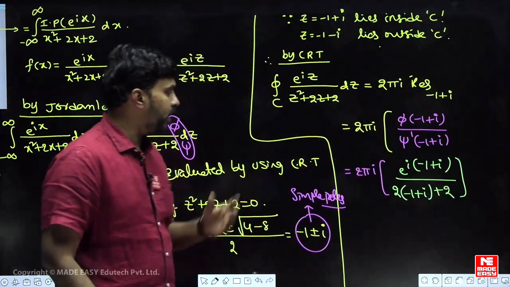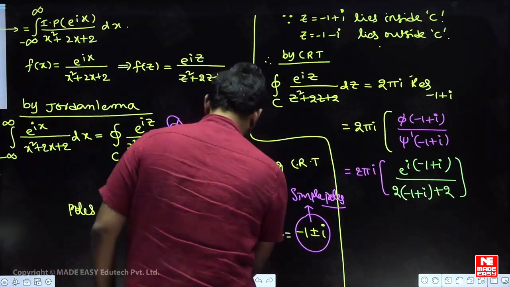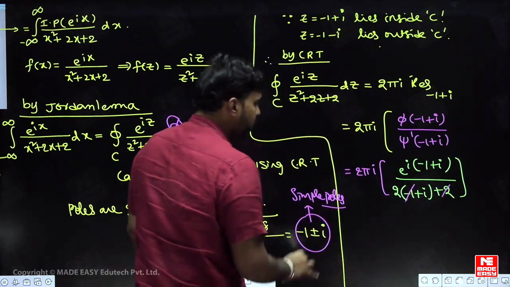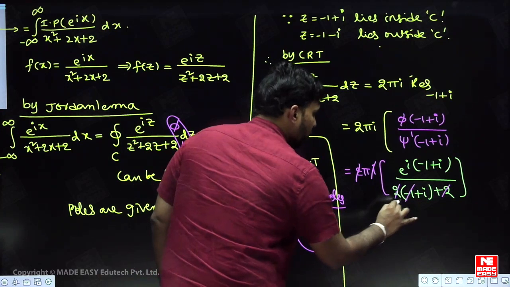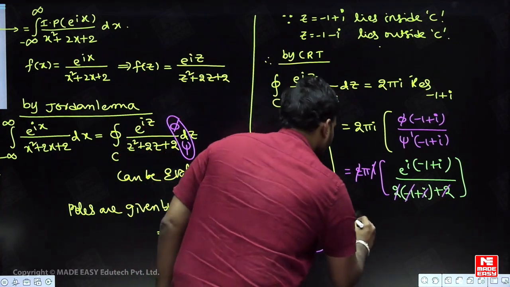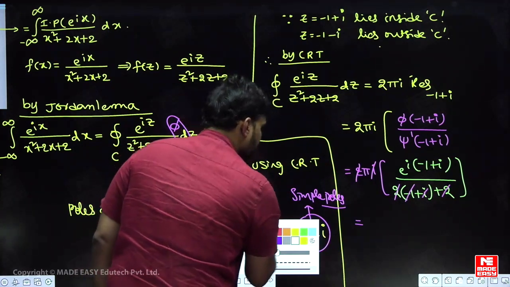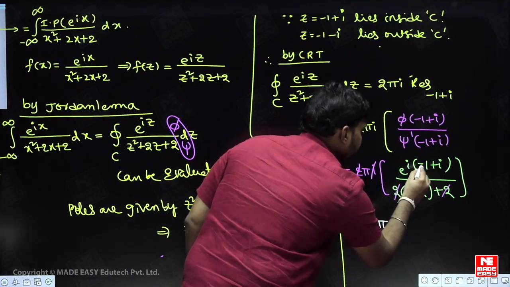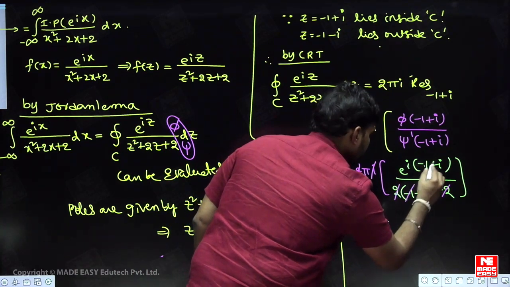This is how we get the residue. Now this 2 gets cancelled, and the 2i also gets cancelled. So what is left is π, and e^(-i) times e^(-1).